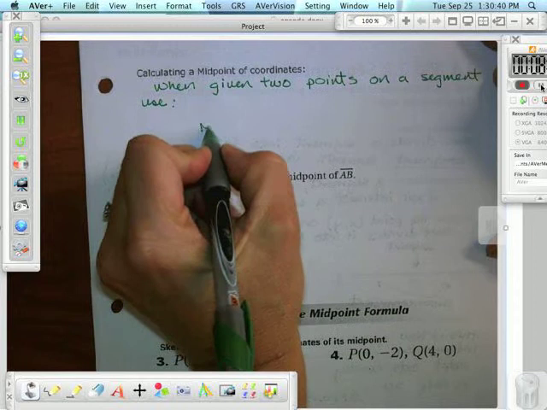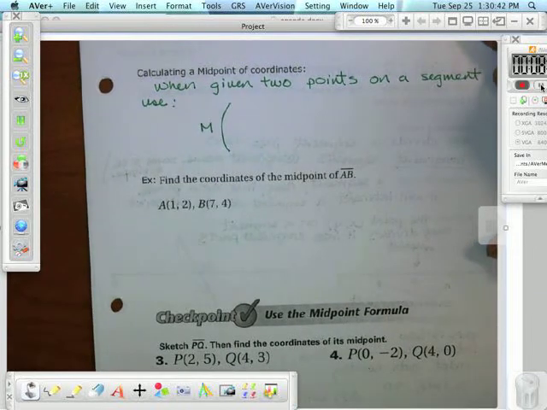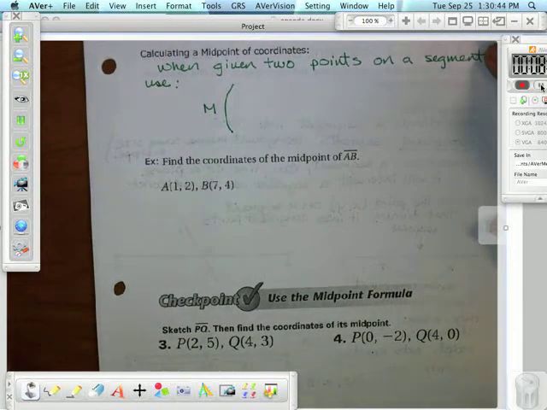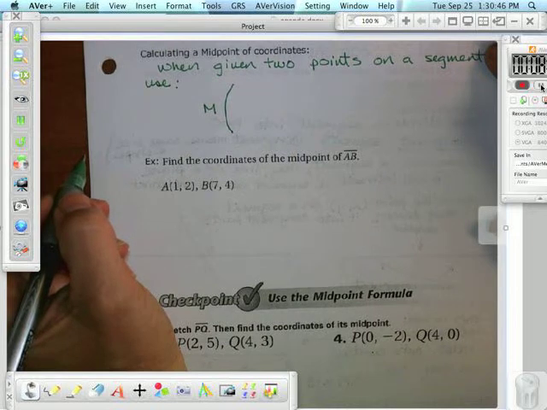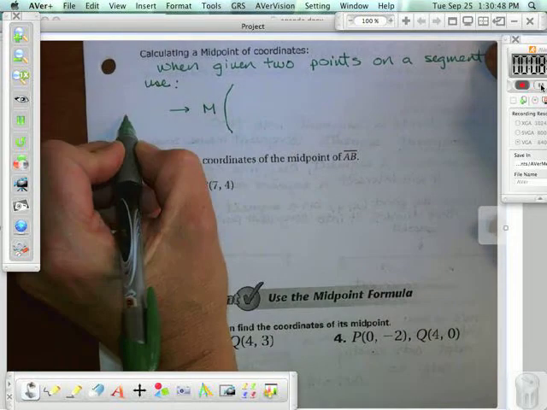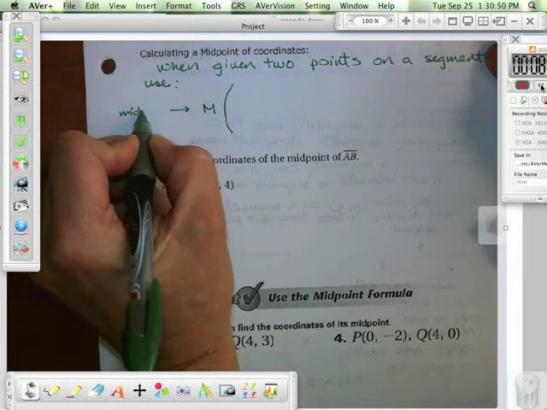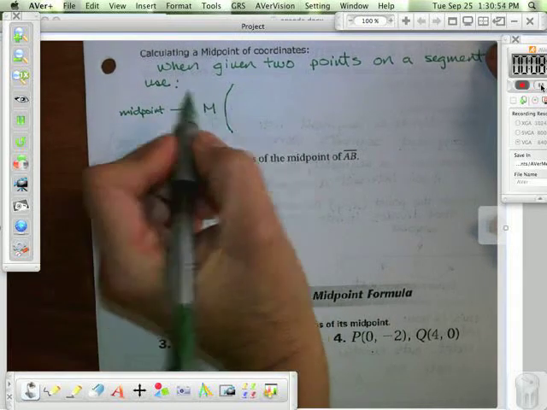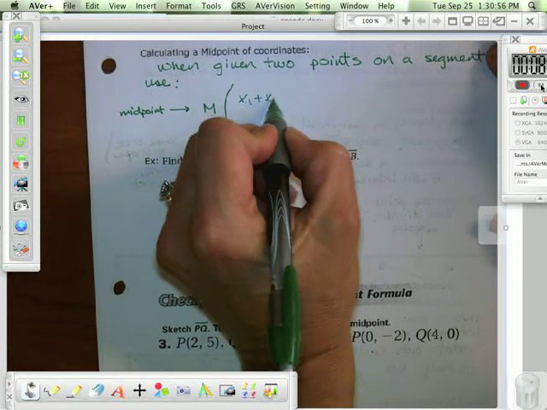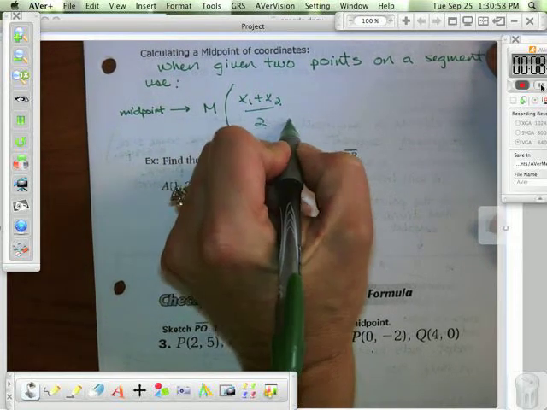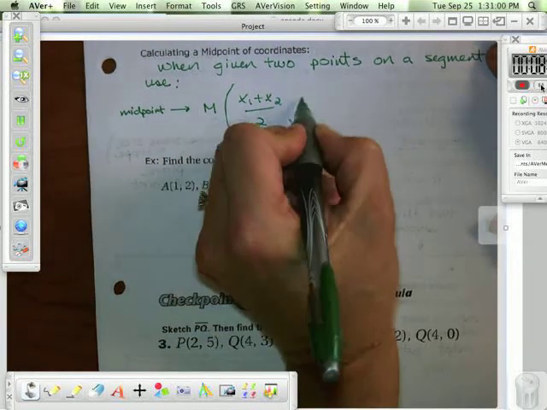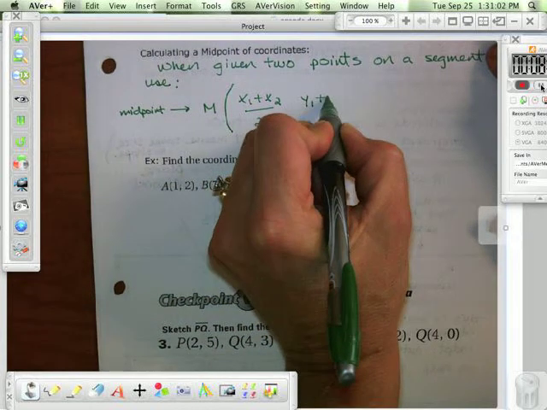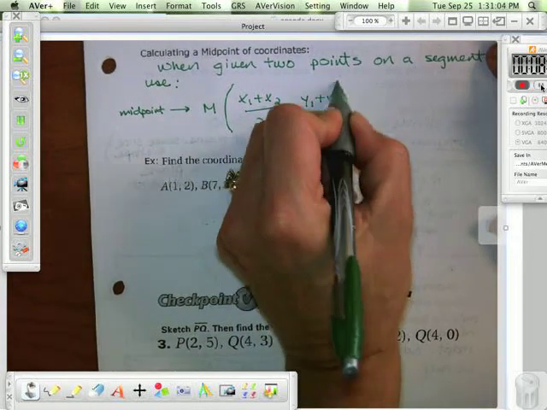M, make a big parenthesis. What do you think the M stands for? Midpoint. Okay? And then you write this down. x1 plus x2 divided by 2, comma, and close that.